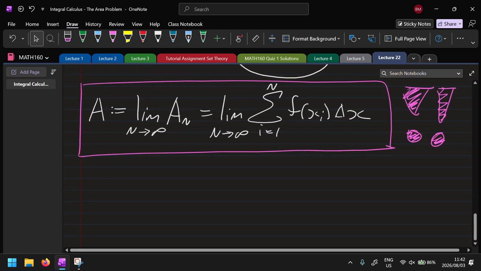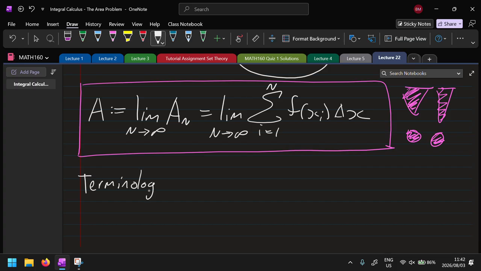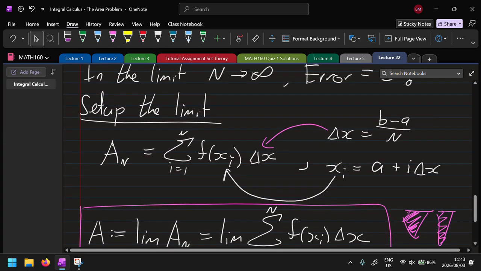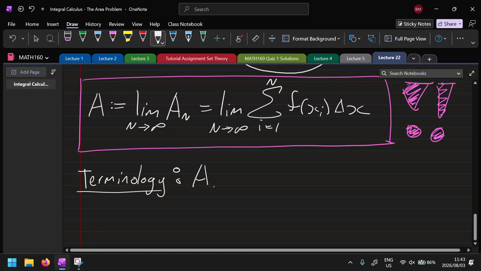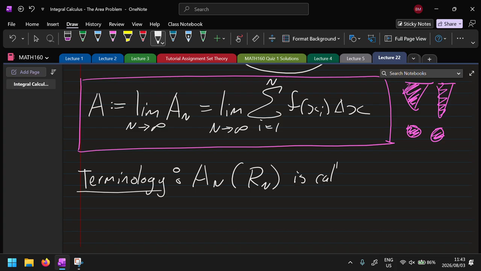Now, just a little bit of terminology before we get to the examples. Okay, so this is just some wording. It's not so important for our calculations, but you will see this in the textbook and YouTube videos and so on. This A sub n, the sum that we have here, sometimes called R sub n, is called a Riemann sum.